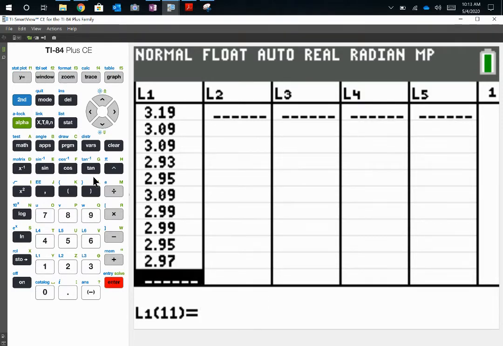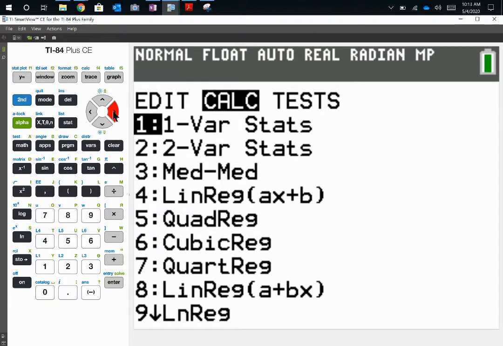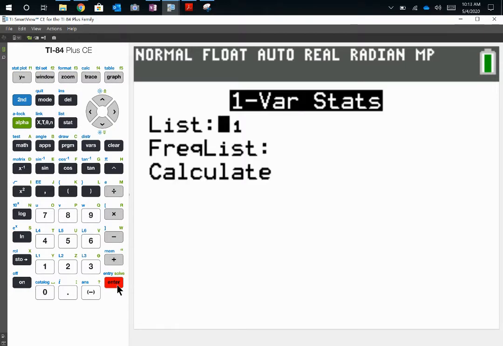And then to find the mean, you would press the STAT button again, scroll over one to CALC, and we're selecting number one, 1-Var Stats. Enter. We're taking the data from list one, so just keep pressing enter and it will calculate the data for you.